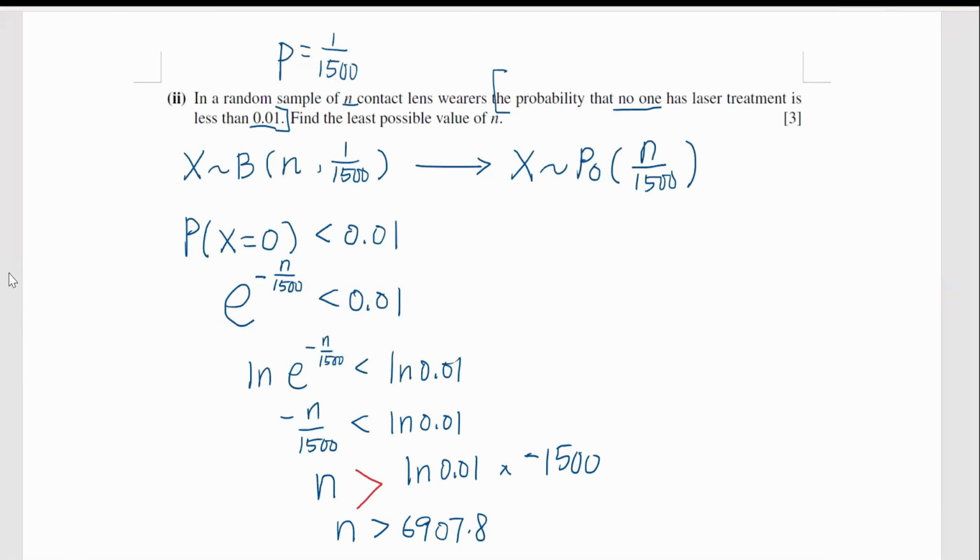As n is the random sample, the number of people who wear contact lenses, it has to be an integer. So n greater than 6907.8 means the answer is n equals 6908. That is the sample size we need for the probability that no one has laser treatment to be less than 0.01. That's it for this video. Bye-bye.